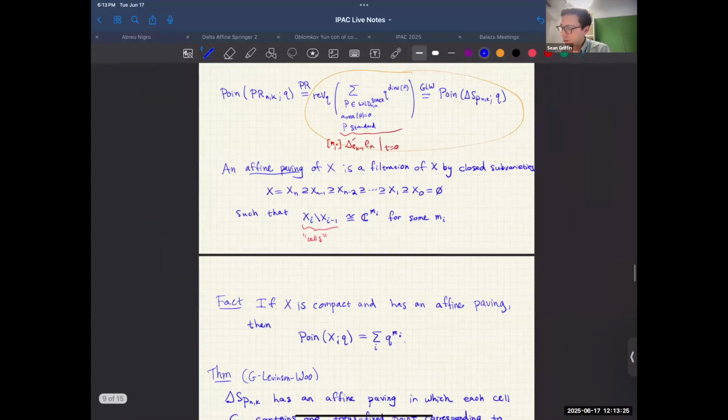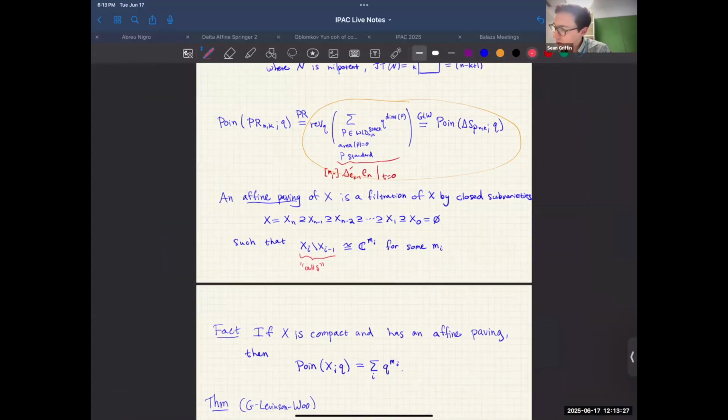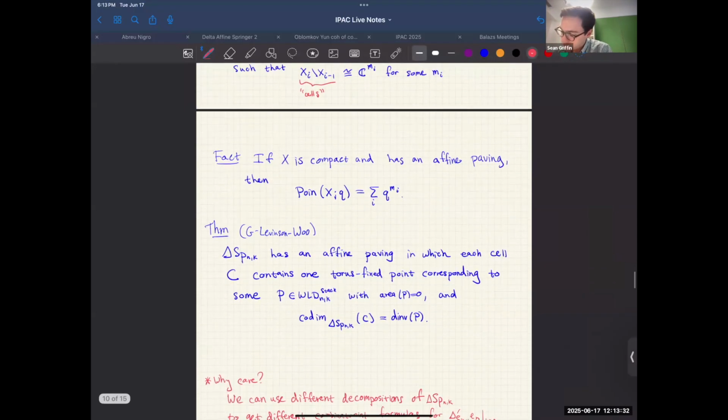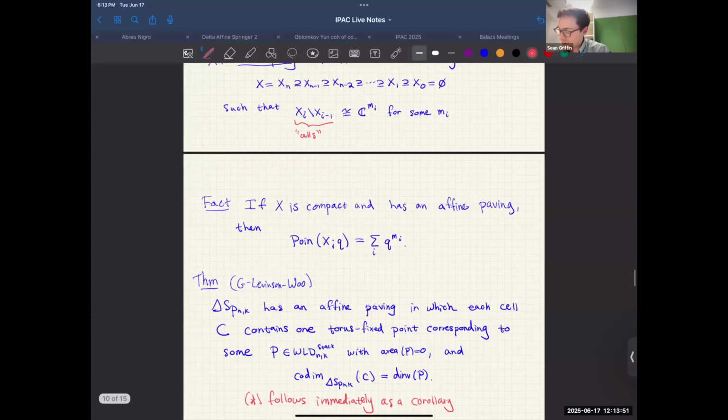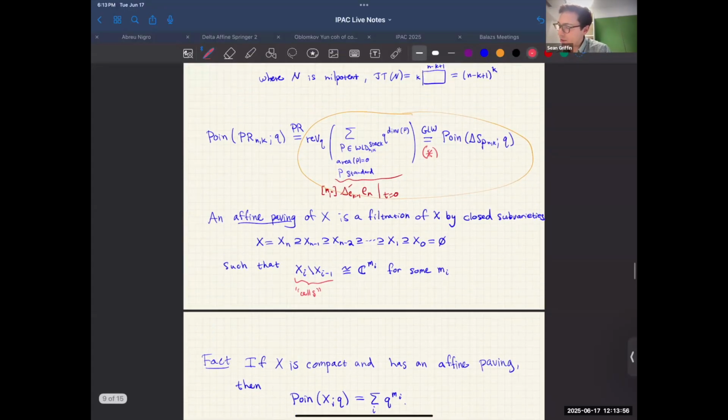And if I call this identity star, then star follows immediately from this fact. And so the fact that we're computing codimensions lines up with the fact that we had to reverse as a q series.